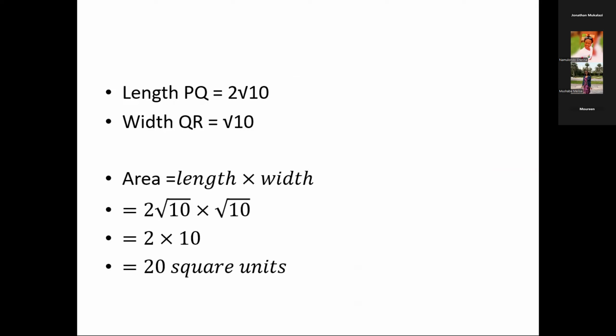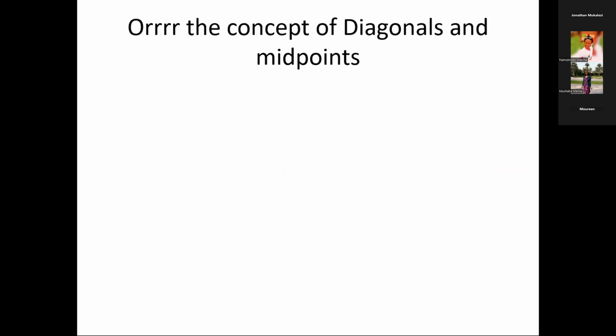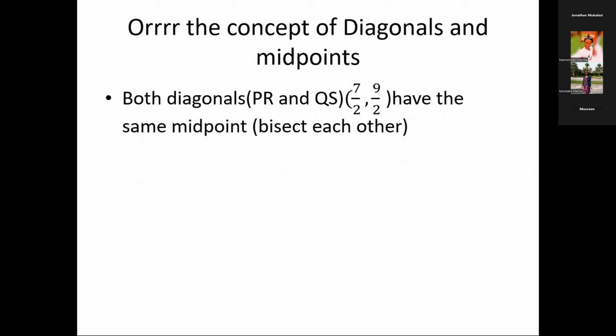And that's not the only way to calculate and prove that the coordinates are vertices of a rectangle. You can also use the concept of midpoints and diagonals. If you calculate, the diagonals have the same midpoint; the diagonals are PR and QS.